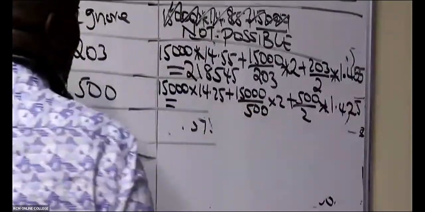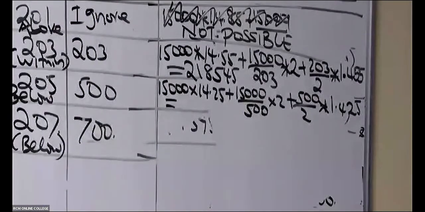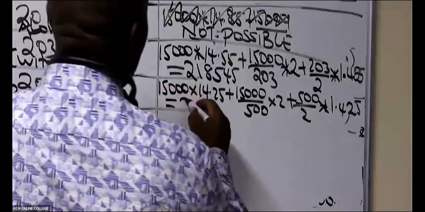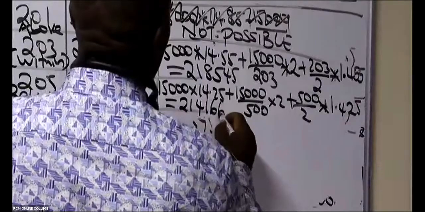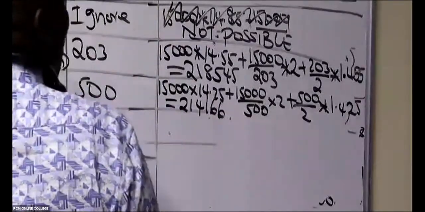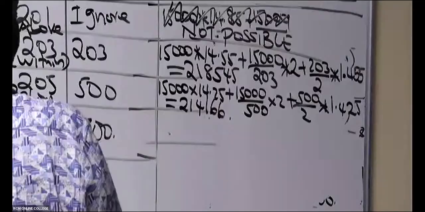So is there somebody who is able to give me the cost for the third class? According to Margaret, 214,166. Then go and do the same for the 700 real EOQ.